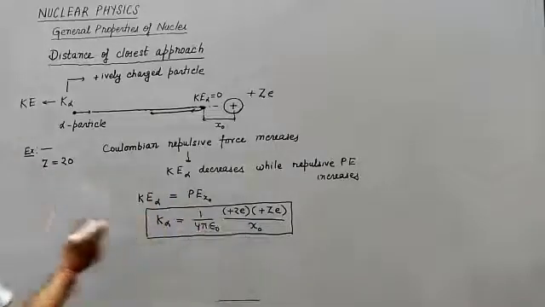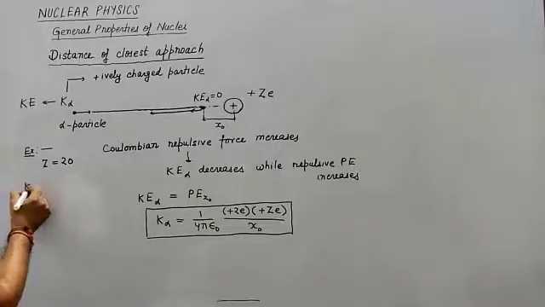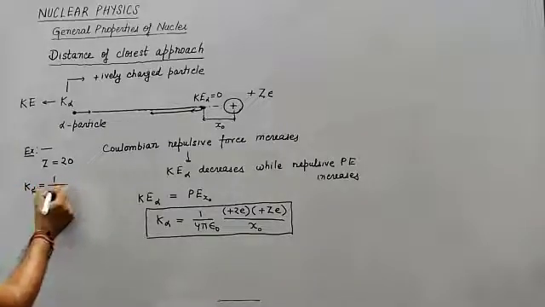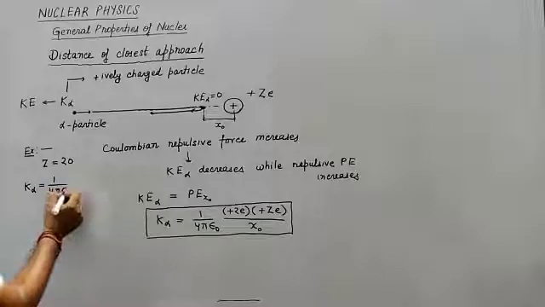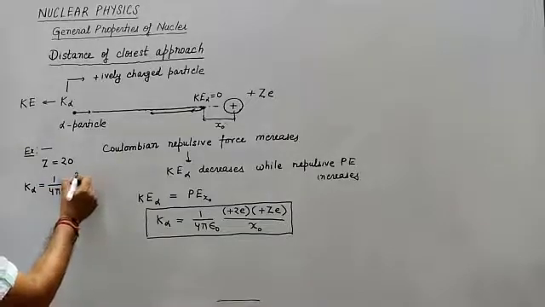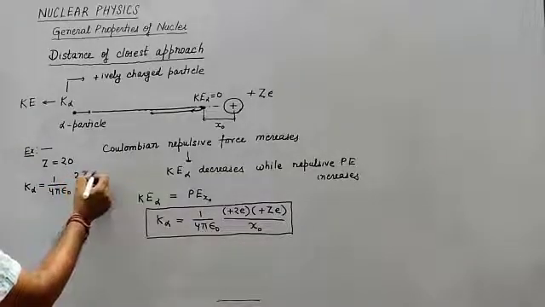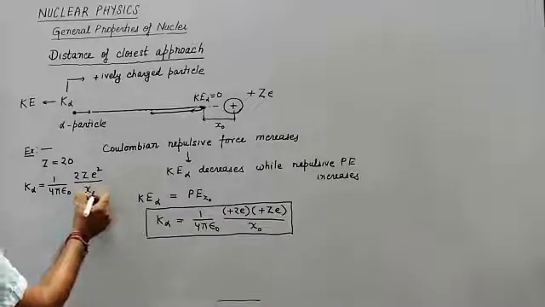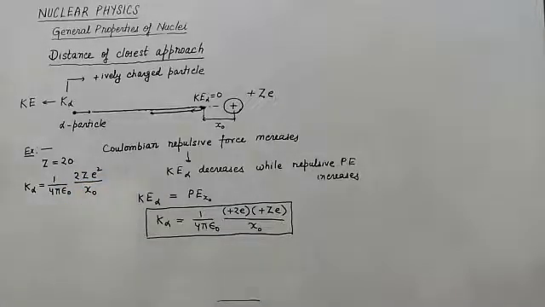So here this will be K alpha. We will use this formula: K alpha equals 1 upon 4 pi epsilon naught times 2Ze square upon x naught.